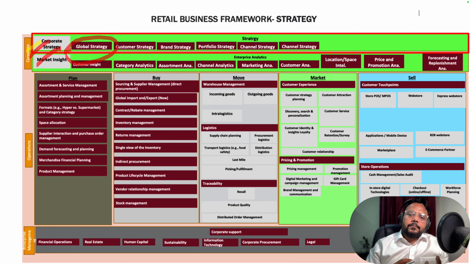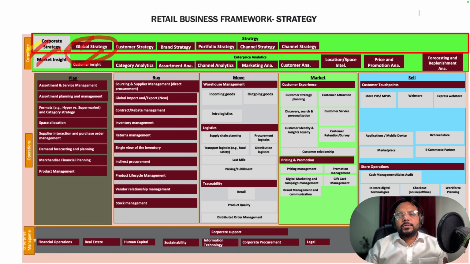For a moment, I want you to imagine that you want to start a new retail organization. My goal is that by the end of this training, you are able to think as a businessman, as an entrepreneur, and consult for companies or start your own retail business. So, as part of the global strategy, you need to identify which market you want to sell in or start opening your store.